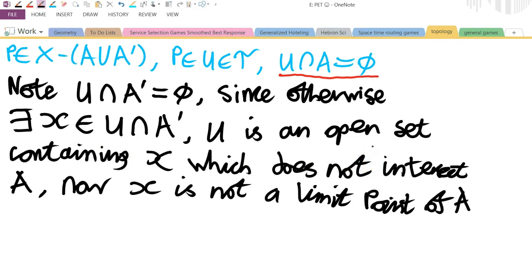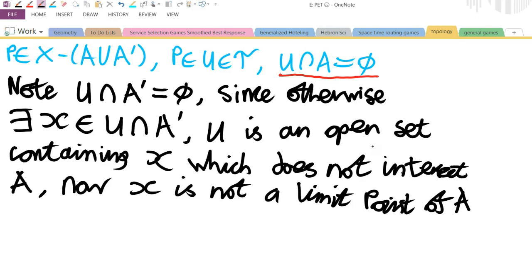Okay, why is it not a limit point of A? Well, because it has an open set which it's contained within, and that open set doesn't intersect with A at all. So it has one of these open sets that keeps itself to itself.